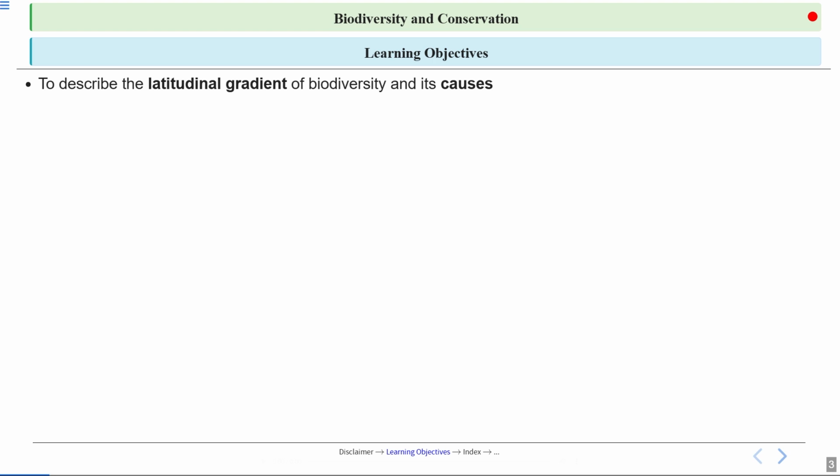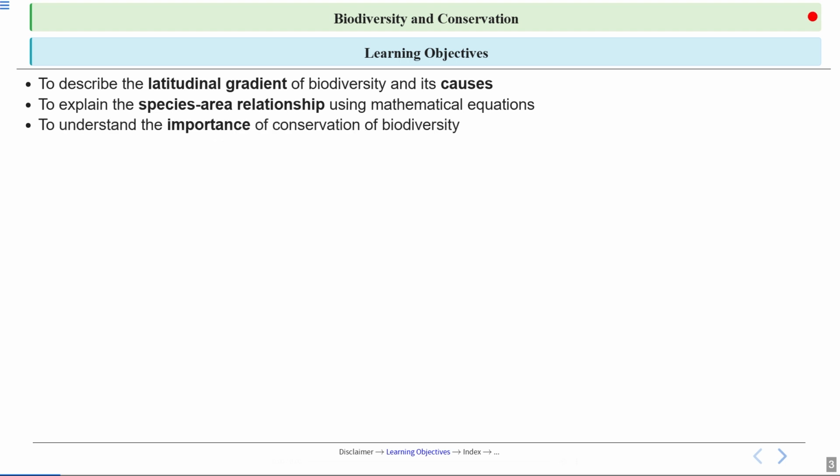So what are the objectives of today's session? Today we will talk about the latitudinal gradient of biodiversity and understand the causes of latitudinal gradient. We'll also understand the species area relationship using mathematical equations. We'll also talk about the importance of conservation of biodiversity.